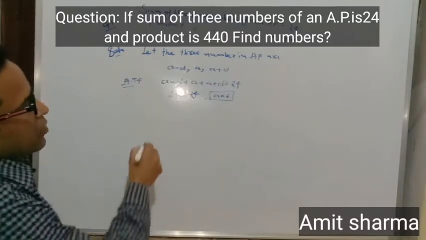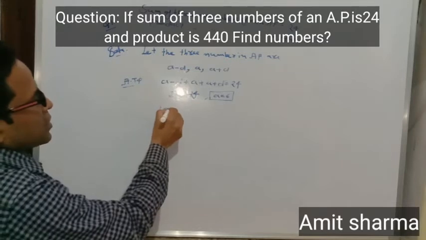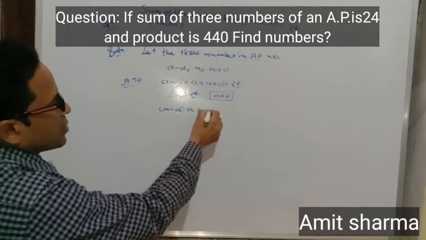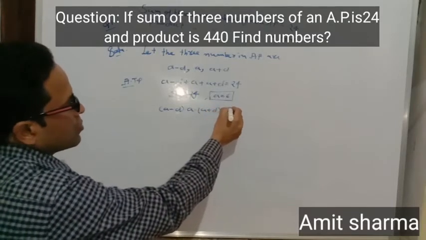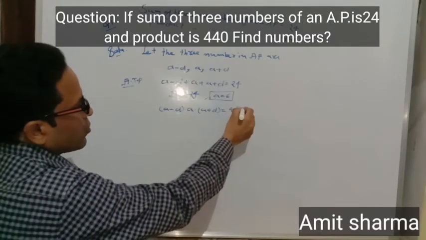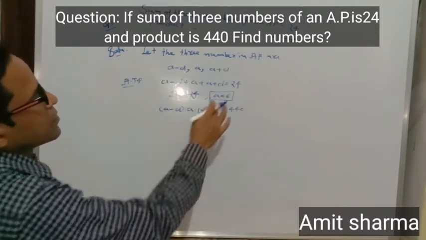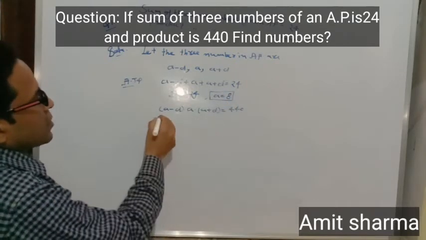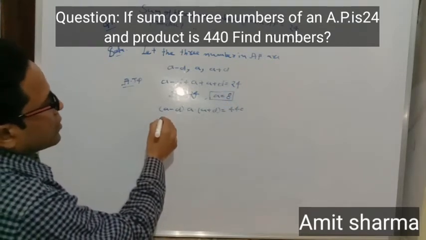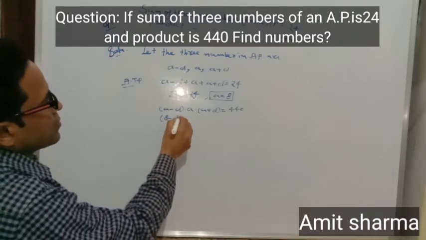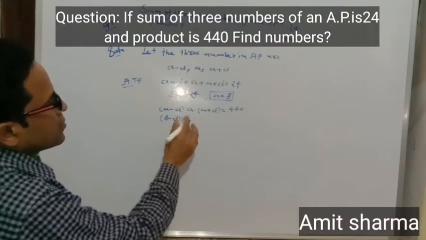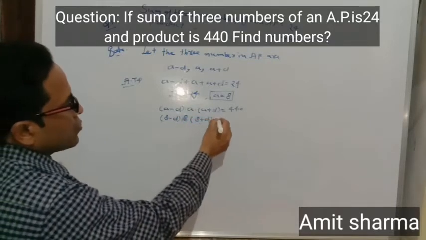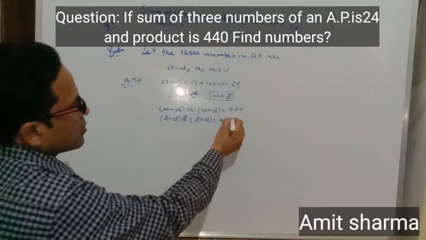Now the second condition of the question, the product of these numbers, that means a minus d into a plus d equals 440. Putting the value of a, 8 minus d into 8 plus d equals 440.